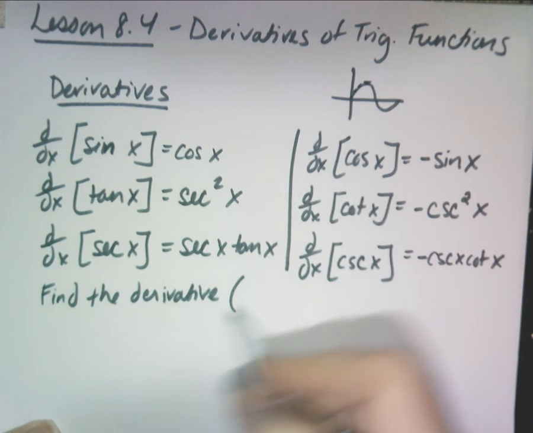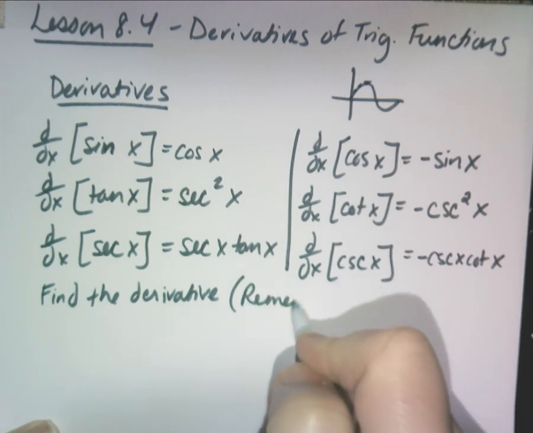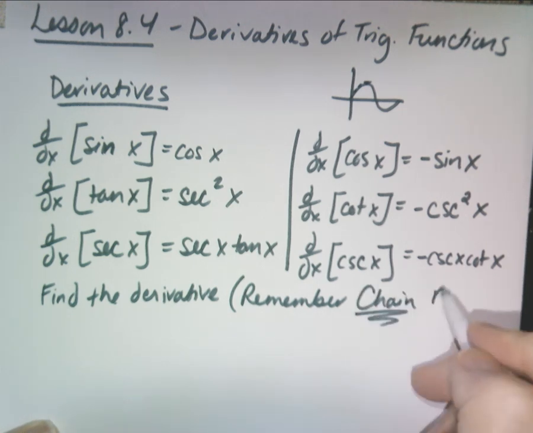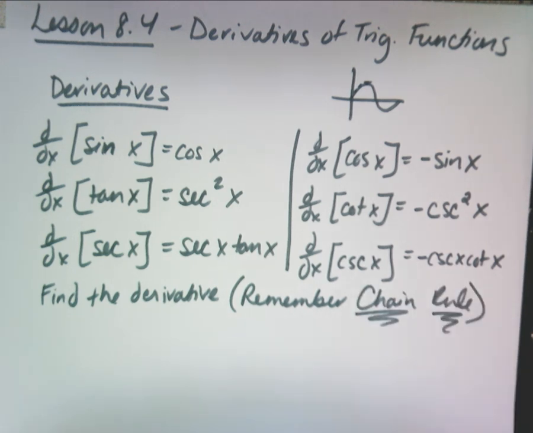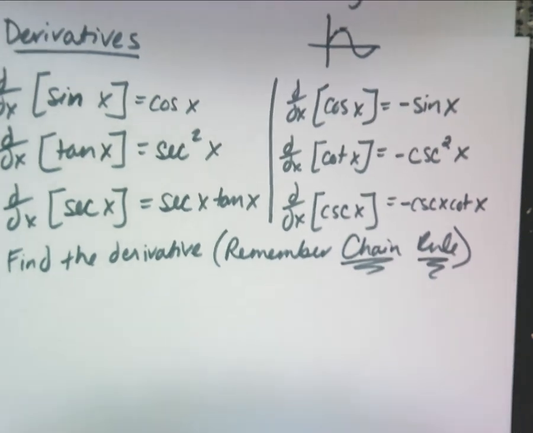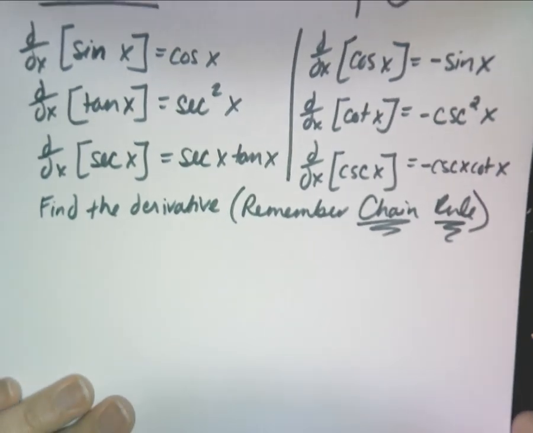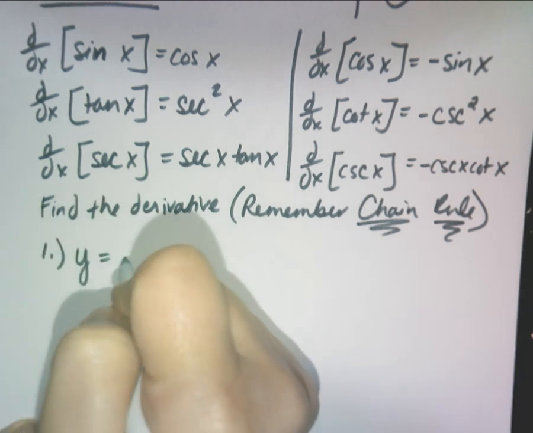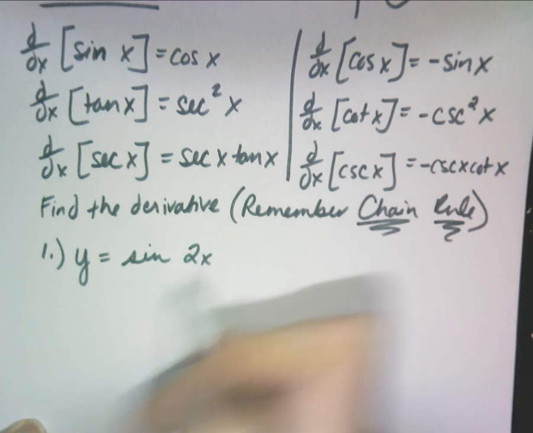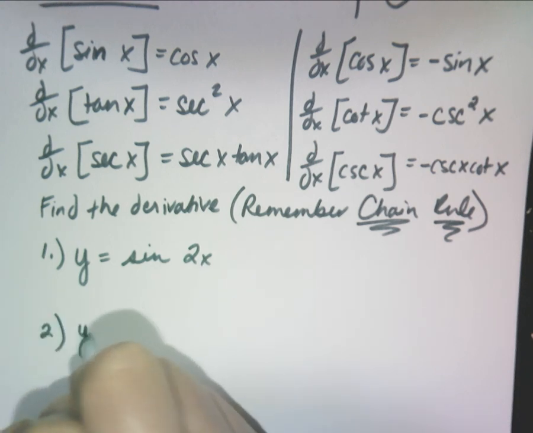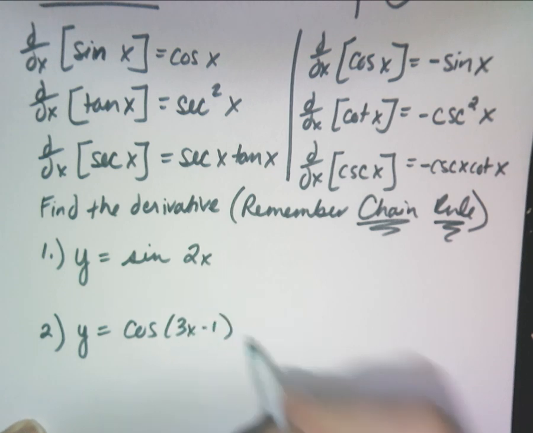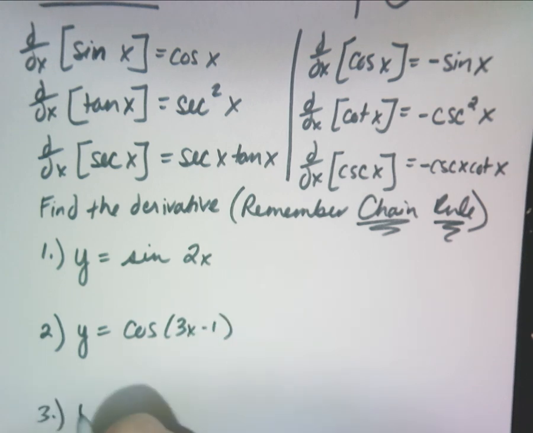All right, so we're going to find the derivative. Remember the chain rule. This is where, if you have any struggles today, that's where the struggle will come from. So I will start you off easy. Sine of 2x, y equals cosine of 3x minus 1, y equals tan of x over 2.